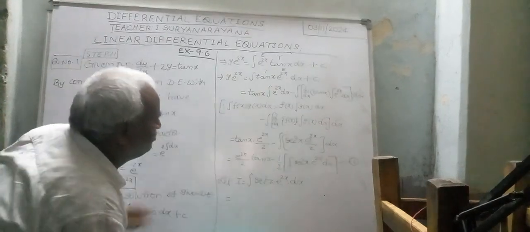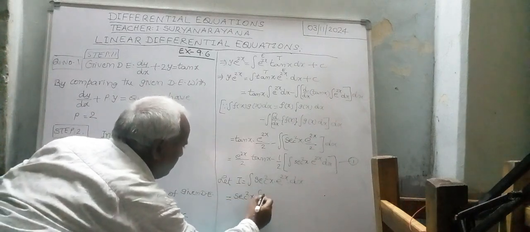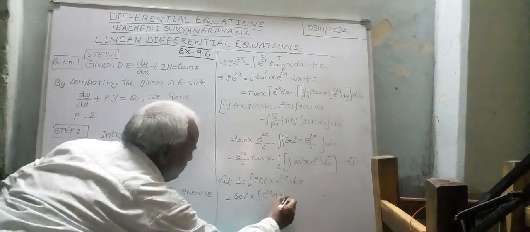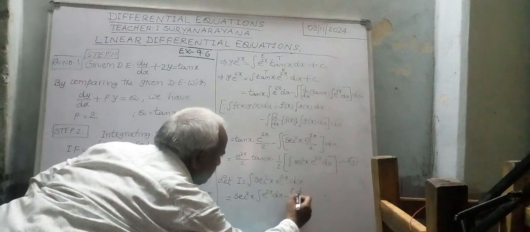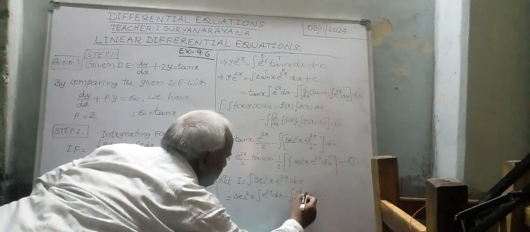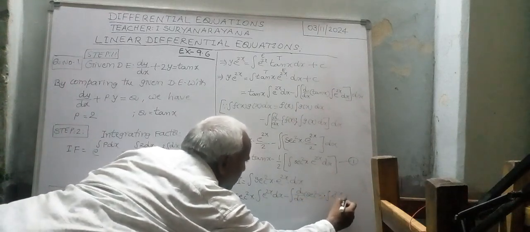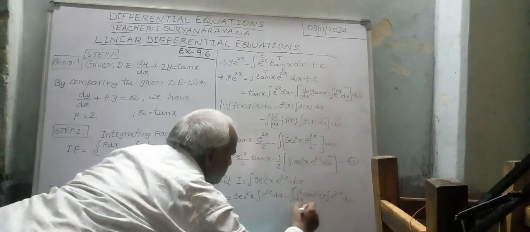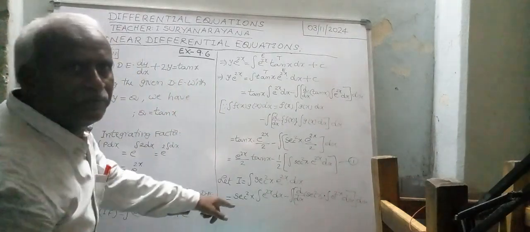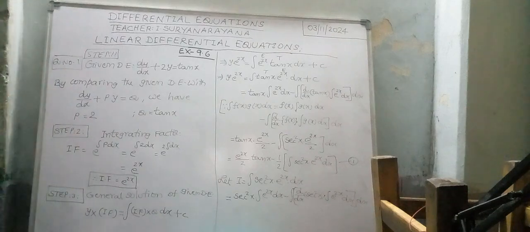F of x, secant square x, into integral e power 2x dx, minus integral d by dx of secant square x into integral e power 2x dx, whole dx. Okay, again we use the integration by parts method.